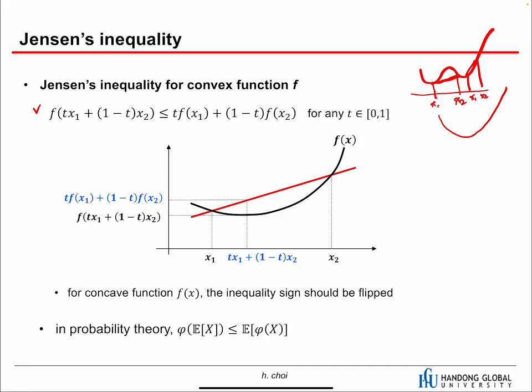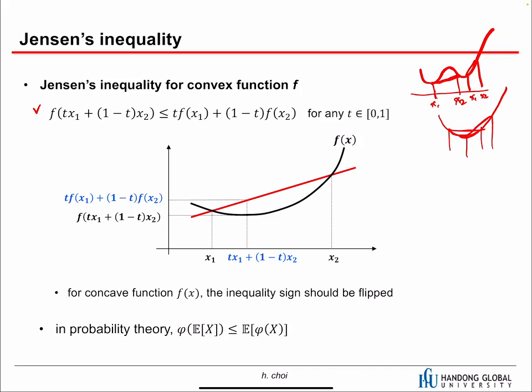But in this case, wherever you pick 2 values for x1 and x2, if we draw a line between these two, then this line is above this actual curve. And if we pick 2 here and draw a line, this line is above the actual curve. So this is convex.